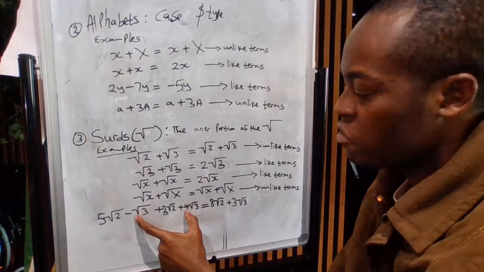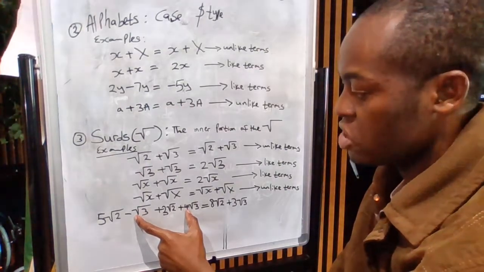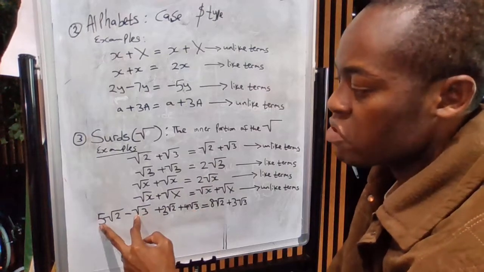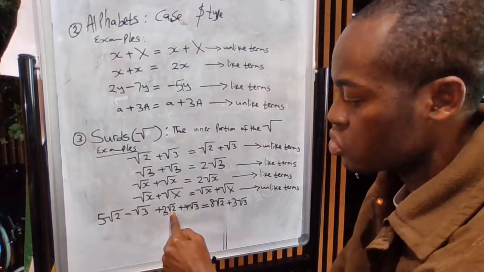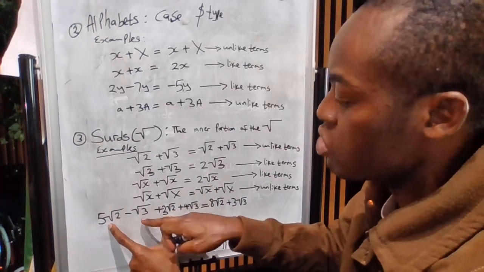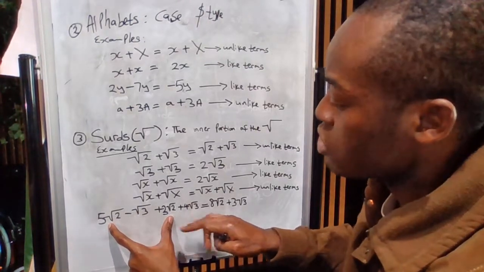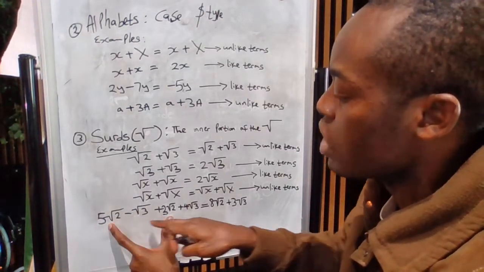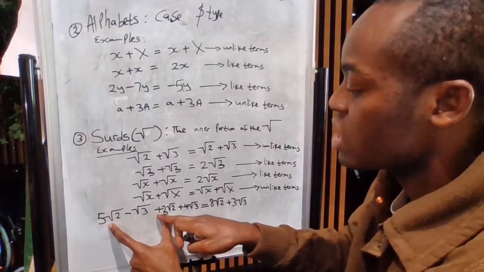This 4 is the coefficient. It's not the entity there. This 4 is just the coefficient of root 3. This 5 is the coefficient of root 2. So that means the root 2 terms, they are what? Like terms. But the root 2 and the root 3, they are not like terms. So root 3 and root 3 here are like terms. That is why 5 of root 2 and 3 of root 2 will give us 8 of root 2, because it's addition.